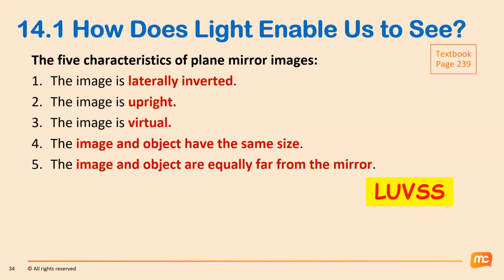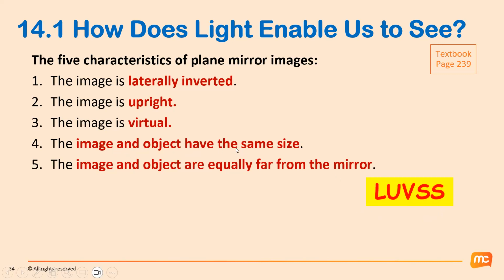Usually when questions ask you for some of the characteristics of plane mirror image, I always tell my students, please try to list the first 3, based on LUV: laterally inverted, upright, virtual. Because these are things that you can just state directly. But for same size and same distance, you cannot just write same size, same distance. You need to write it in complete sentences like this.